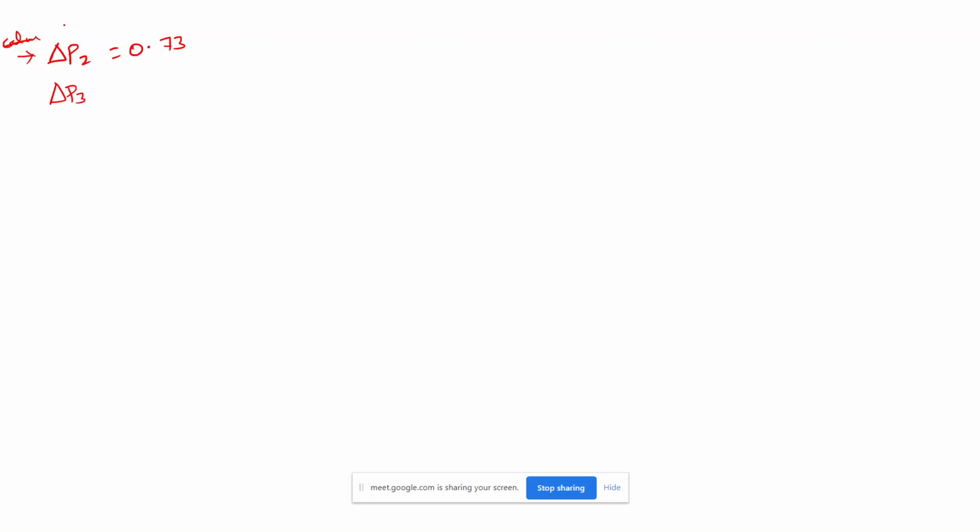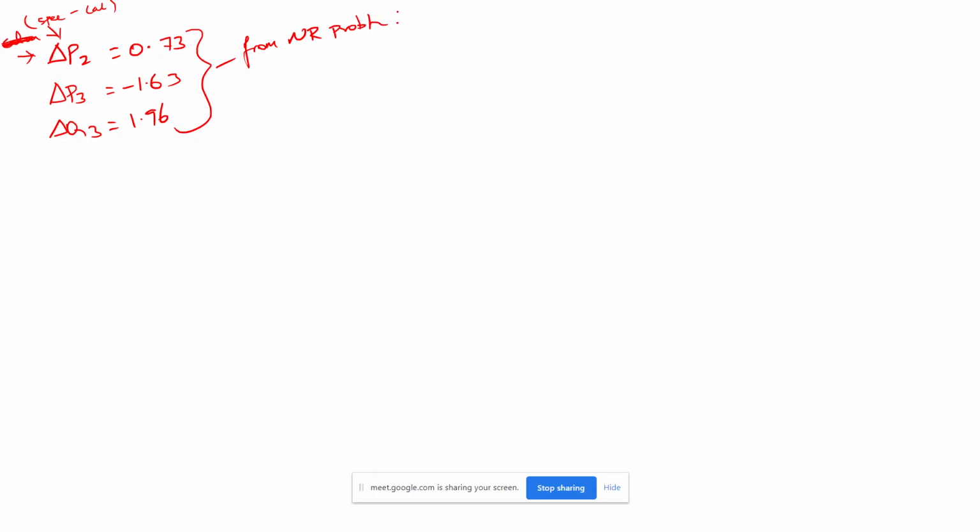Change in value is nothing but specified value minus calculated value. You will get this value. Change of power is nothing but specified minus calculated. Okay, this is nothing but minus 1.63 and this is del Q3 value is 1.96. These are all not given in the question, but from the NR problem we have taken.